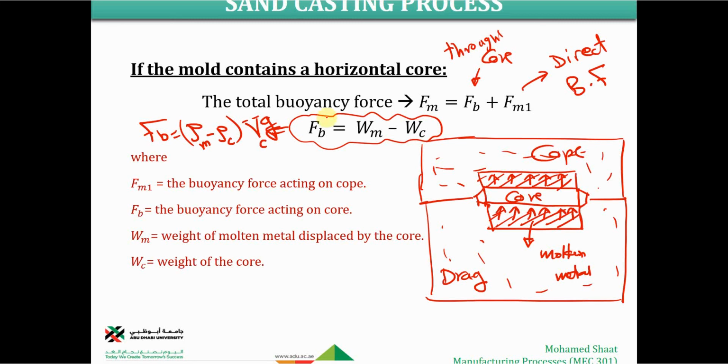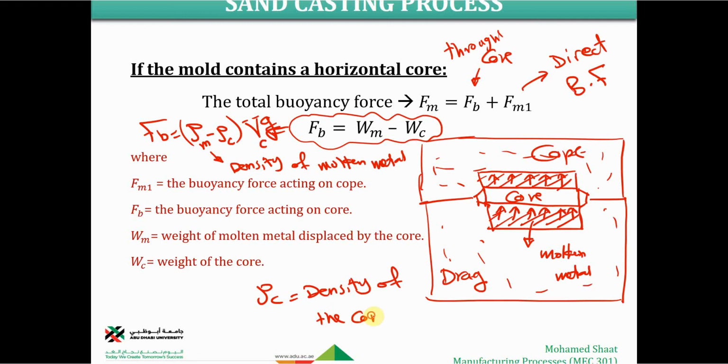So we simply subtract the difference between the weights, which is the difference between the densities. Here rho is the density of the molten metal, while rho C is the density of the core. And remember that the core is made of sand, so it is the density of the sand, which will be given. And VC is the volume of the core. Make sense?